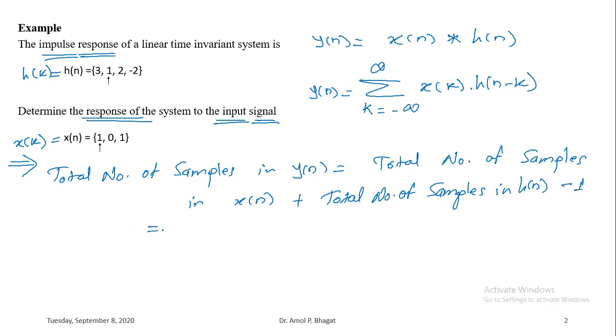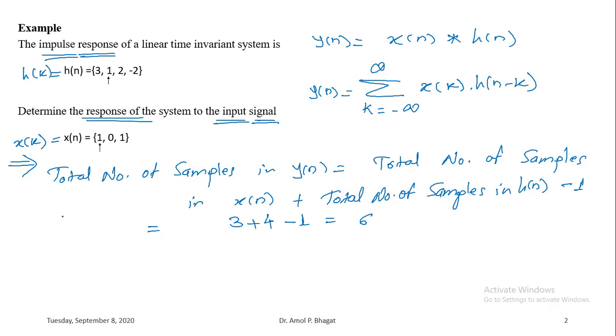In x of n there are three samples, in h of n there are four samples, minus 1, so there will be a total of six samples in the resulting sequence y of n.